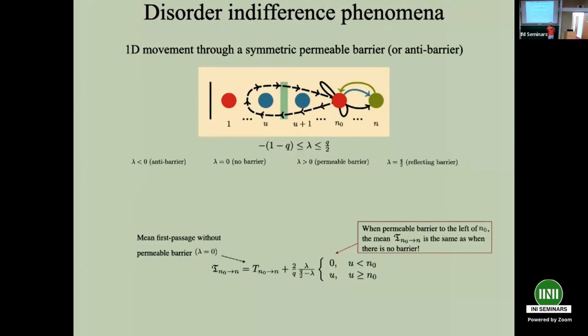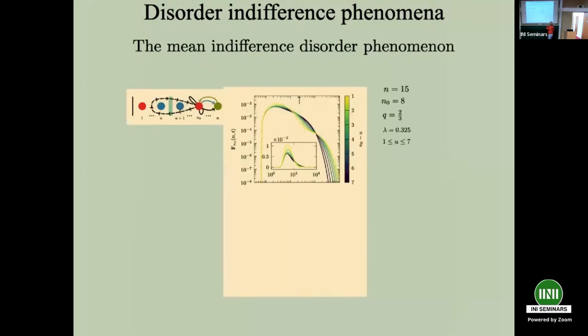Now just to show you, this is a bit magic when you think about the shape of these curves. I plot the first passage probability, where I'm moving the distance between n0 and u. If you go this way, you are far, towards the reflecting barrier. And if you go close to 1, you get closer and closer to where the permeable barrier is.